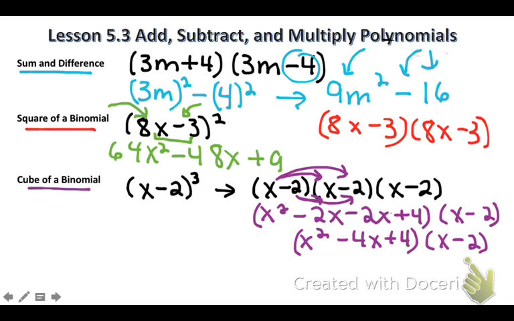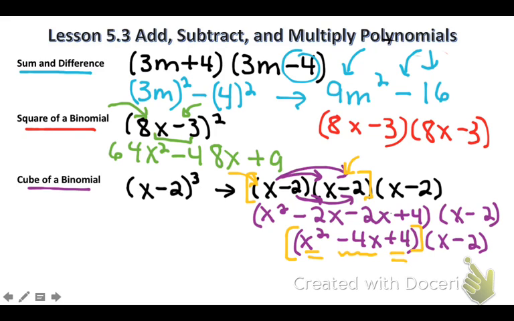Now if we compare this to our previous example, if we square the first term, x squared, square the last term, plus 4, and then we multiply negative 2 times x is negative 2x, double it, and we get the negative 4x.